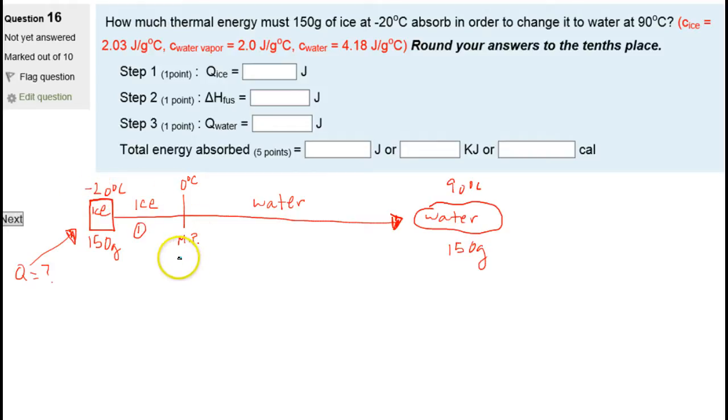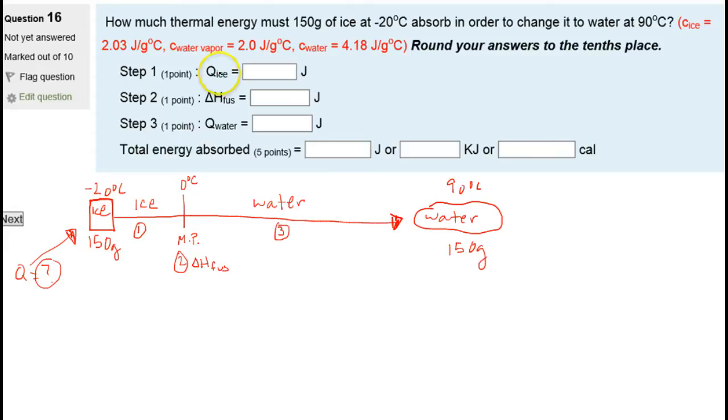In step 2, because we have a melting point here, we will have to calculate the heat of fusion. And in step 3, we will calculate how much thermal energy this water is going to absorb as it goes from 0 to 90. Once we have these 3 answers, we can add these 3 numbers up and get our final answer for the total amount of thermal energy this ice will need to absorb.